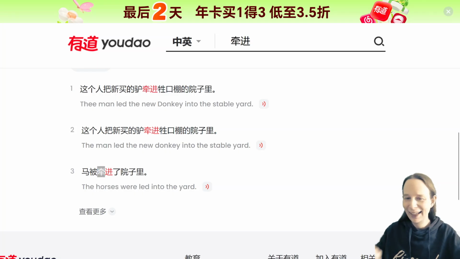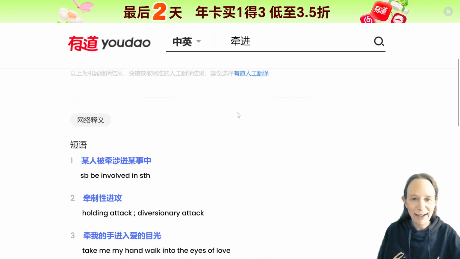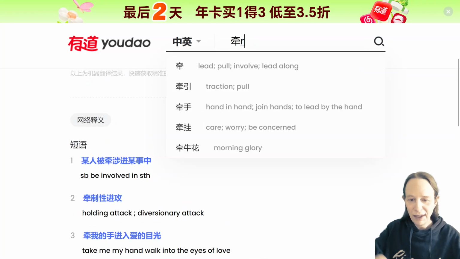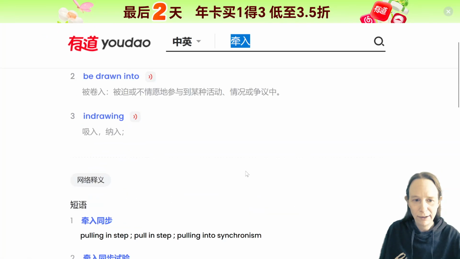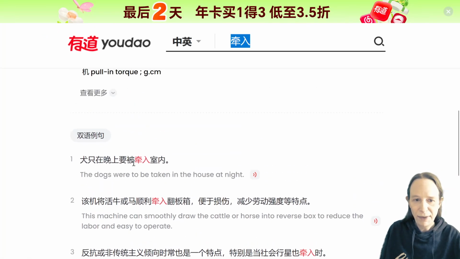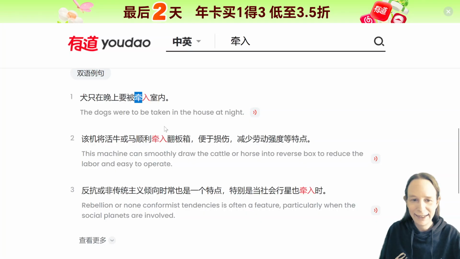Oh, this 牵 is lead, like you're leading a horse maybe by reins or whatever. 进了院子里. Okay, so this is not a word. 牵入, is this a word? 被牵入室内. Not really a word in itself. The dogs were dragged on the lead.